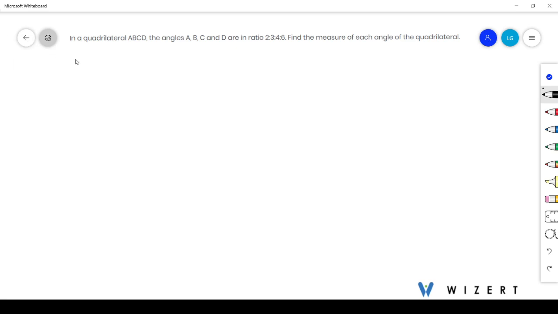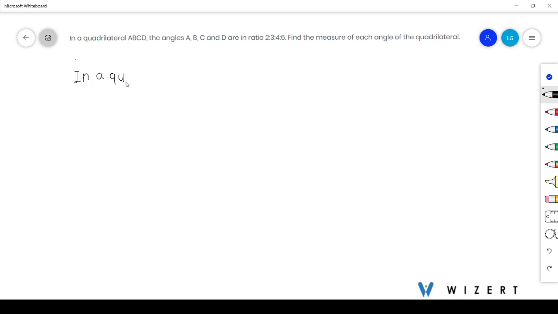Our question is, in a quadrilateral ABCD, the angles A, B, C and D are in the ratio 2:3:4:6. Find the measure of each angle of the quadrilateral.